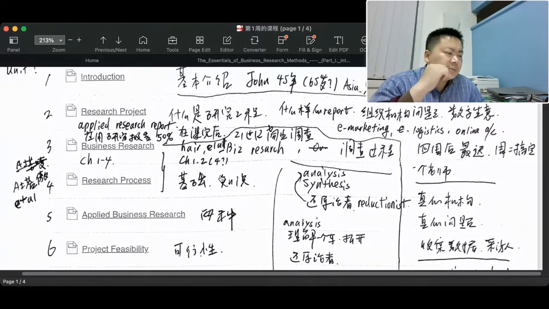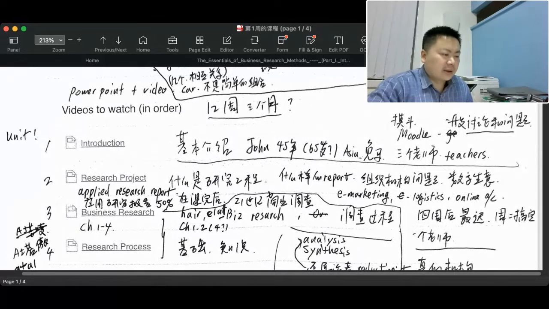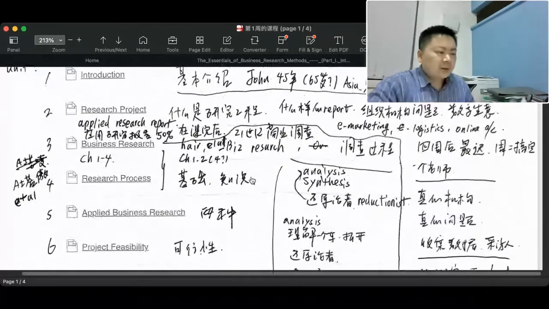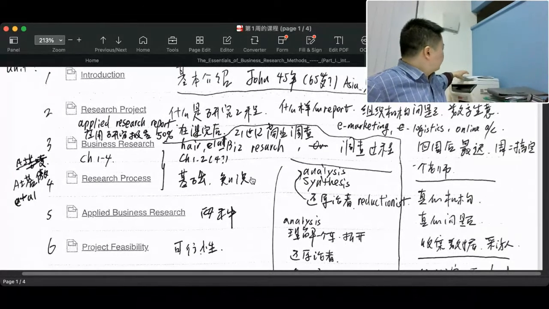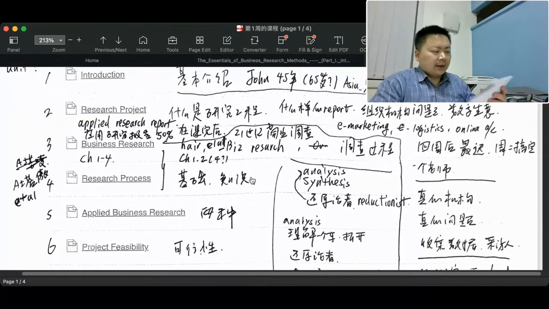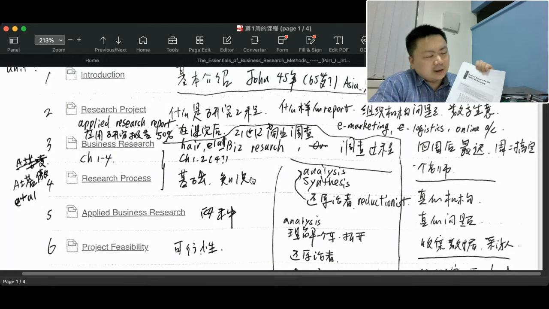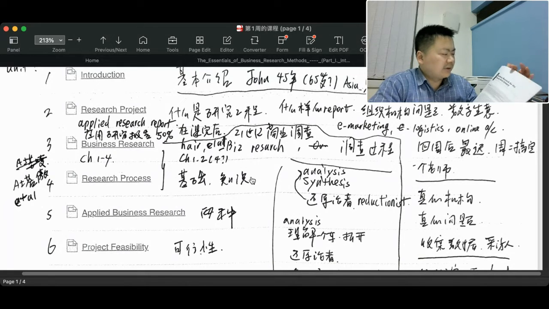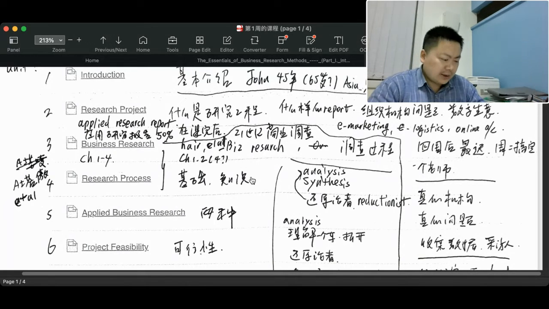The teacher mentioned that we need to finish chapter one and chapter two of the book. Through Moodle, we are able to download it to view the online version, and we can also get the PDF version and print it locally.